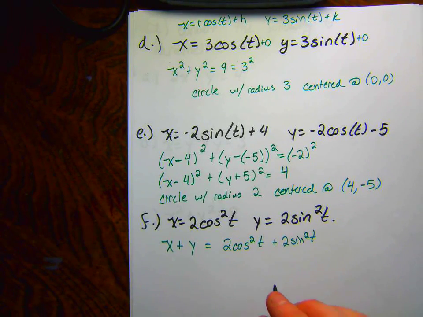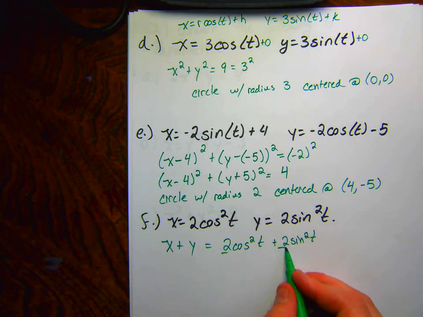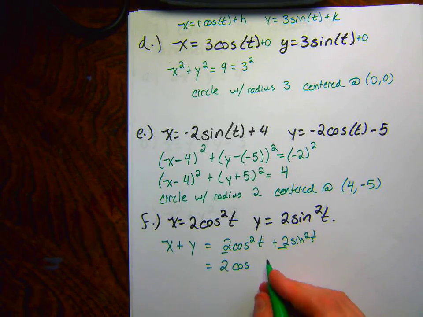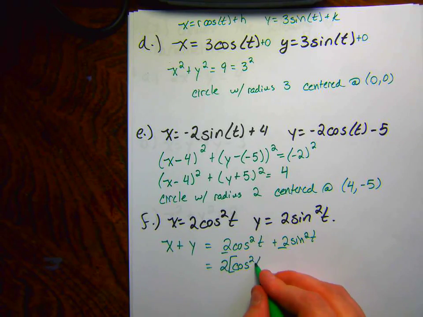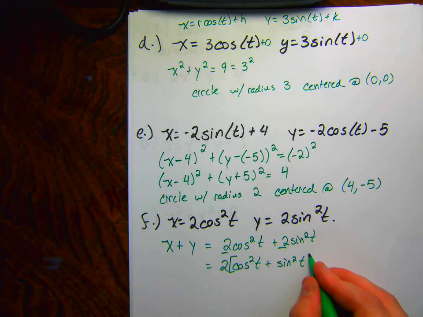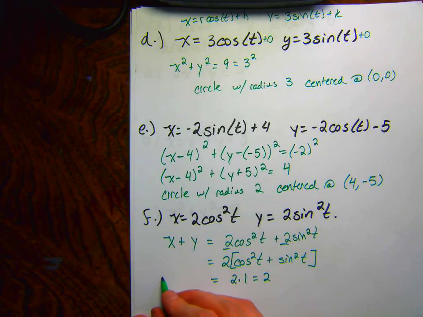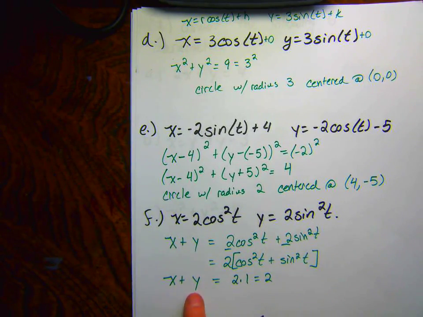If I pull out this 2, I get 2 times cosine squared plus sine squared t. Remember, cosine squared plus sine squared equals 1, so that just equals 2 times 1 equals 2. So my rectangular equation is x plus y equals 2.